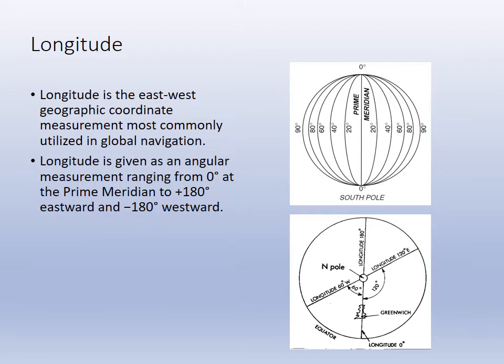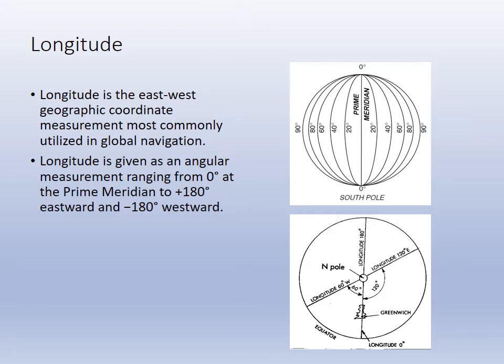The longitude lines are analogous to the y-axis. The 0 was agreed upon internationally to go through Greenwich, England. That is called the prime meridian. The international date line is 180. It's on the other side of the world. The Earth spins at 15 degrees per hour.